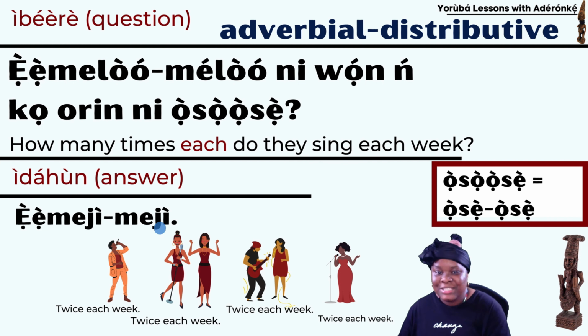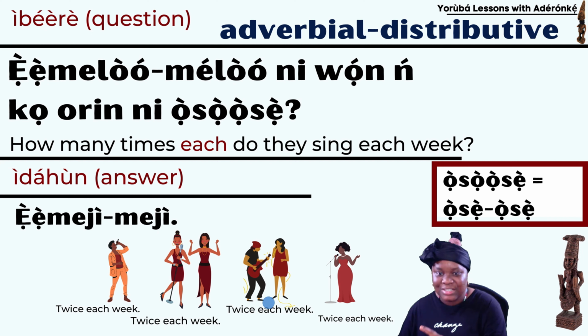So, méjì méjì is what you would say if they sing twice each week. Michael Jackson sings twice each week. How many times each? Twice each week.